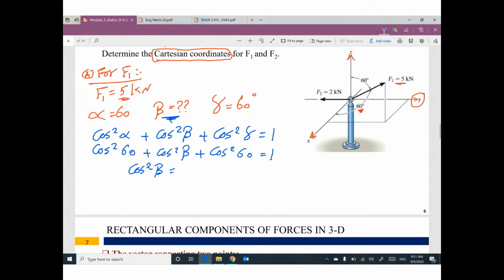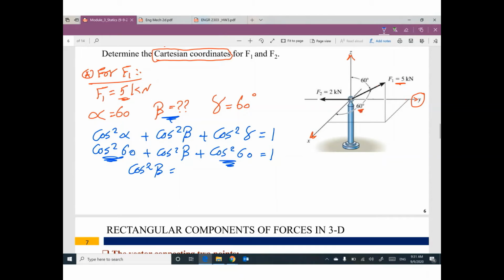Get your values for this one and this one and move them to the other side. So cosine 60 square, don't forget square, plus cosine 60 square. So the other side will be negative plus 1.